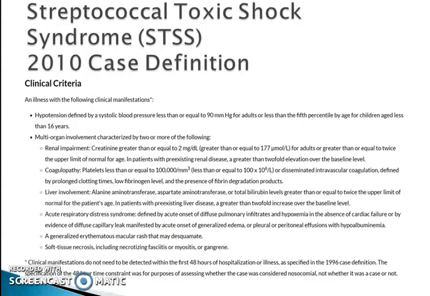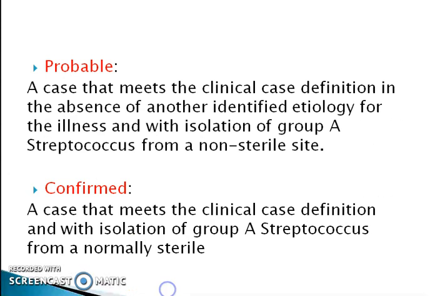Based on the 2010 case definition for streptococcal toxic shock syndrome, it is an illness with clinical manifestations such as hypotension and multi-organ involvement characterized by two or more of the following: renal impairment, coagulopathy, liver involvement, acute respiratory distress syndrome, generalized erythematous macular rash that may desquamate, and soft tissue necrosis.